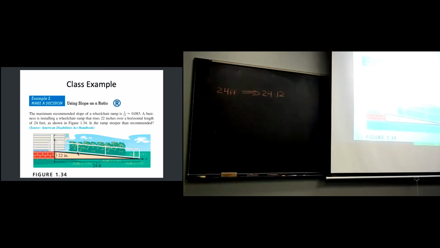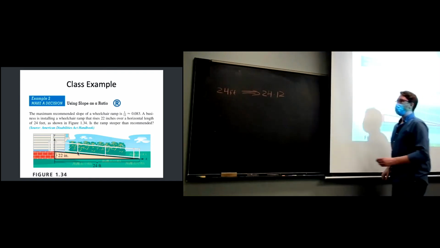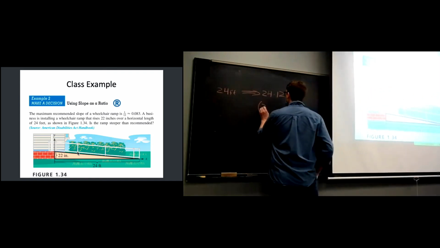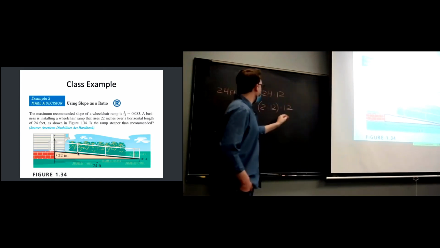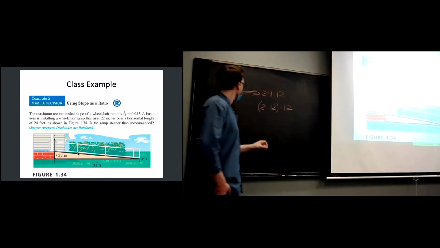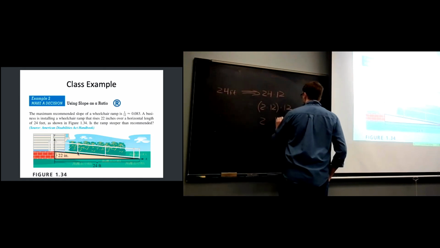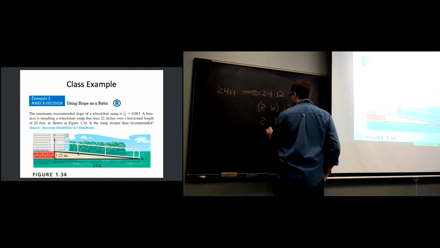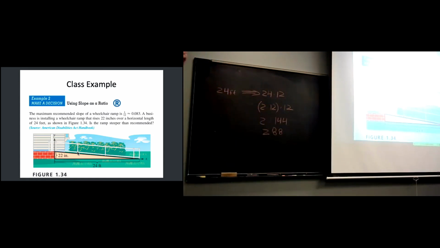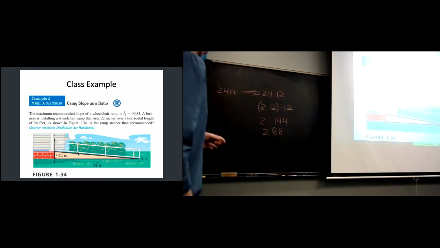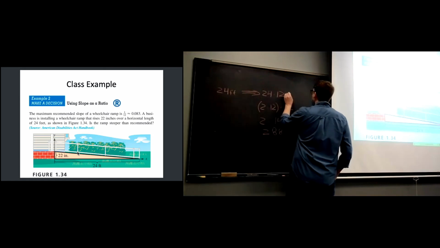So his point here is that 24 can be broken up into 2 times 12. Well, we know that 12 times 12 is 144. So this is going to come out to be 288. Good catch. So this is going to be 288 inches.